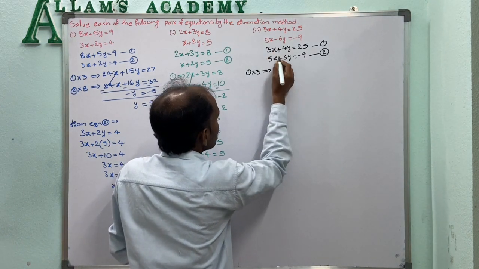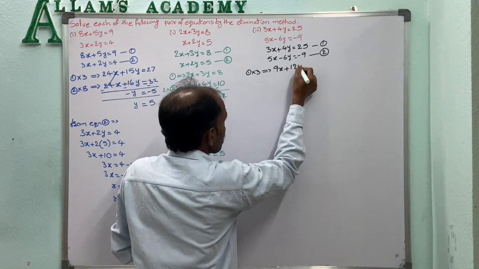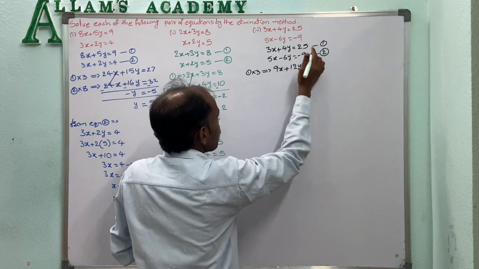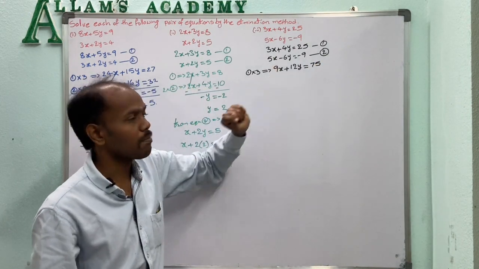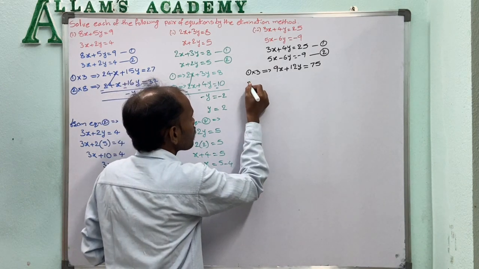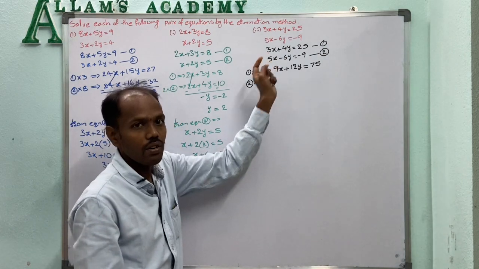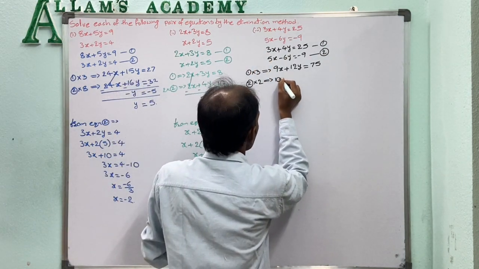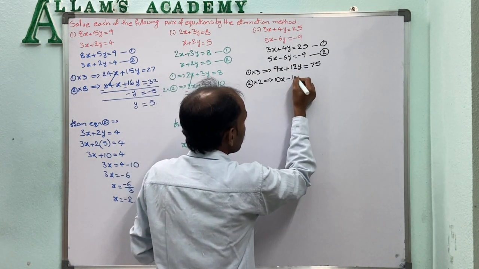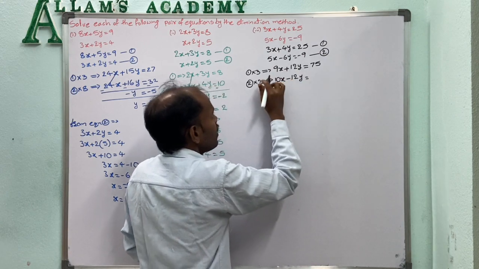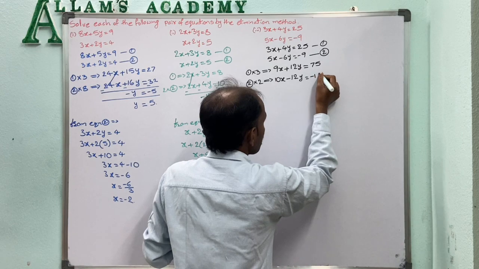Then we write 3 threes are 9x plus 4 threes are 12y, equal to 25 threes are 75. The second equation is multiplied with 2. Now 5 twos are 10x minus 2 sixes are 12y, and 2 into minus 9, that is nothing but minus 18.